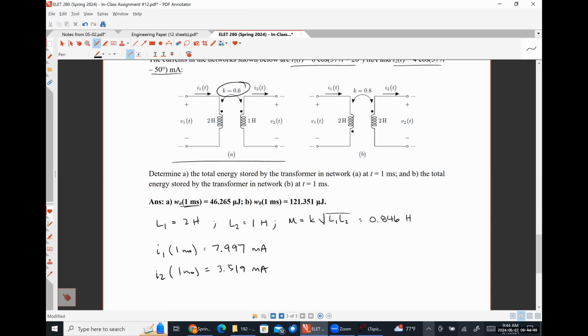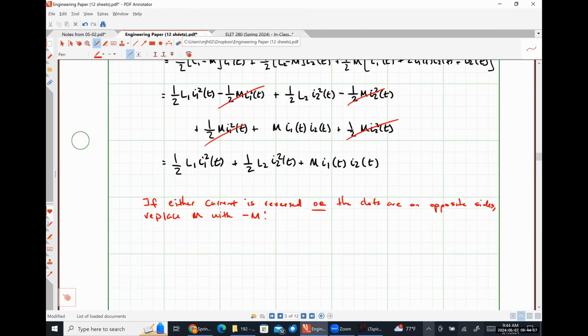And now I have literally every different thing that I plug into my equation. We go back to our engineering paper here. We have L1, we have I1, we have L2, we have I2, we have M, we have I1, I2. Literally just plug the numbers into the equation. One thing I want to note: either current is reversed or the dots are on opposite sides.